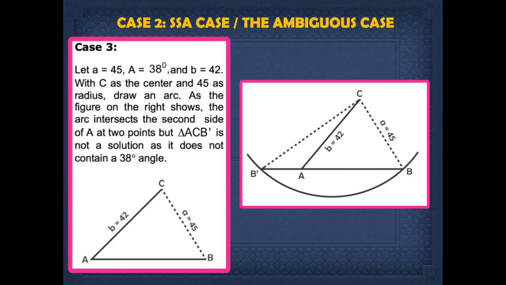But triangle ACB prime here is not a solution as it does not contain a 38-degree angle. Notice that in the given, take note that angle A is 38 degrees. So this is 38 degrees. But this angle A here will not be 38 degrees.